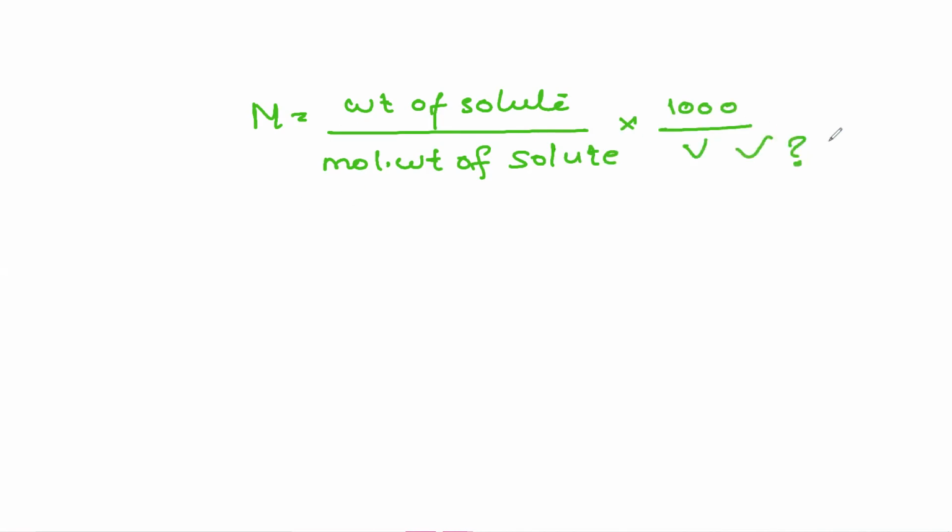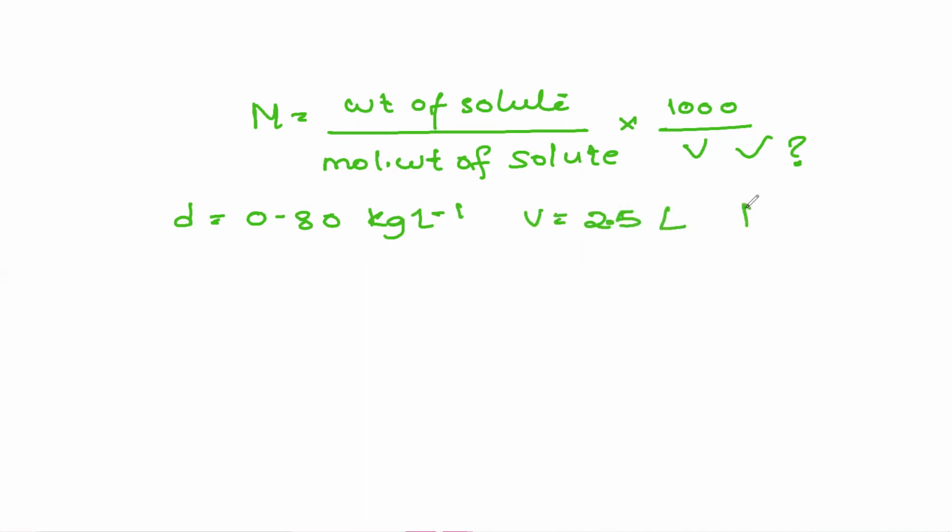The weight of solute is not given directly, so from the density and volume of the methanol we can find the weight of solute. The density of methanol is given as 0.80 kg per liter, and the volume is given as 2.5 liters. This volume is for only methanol, not the volume of the solution.